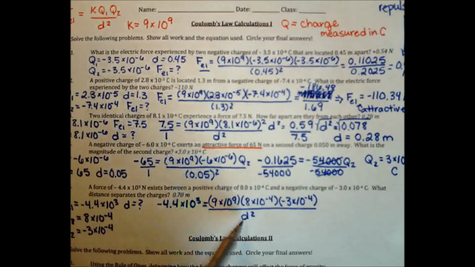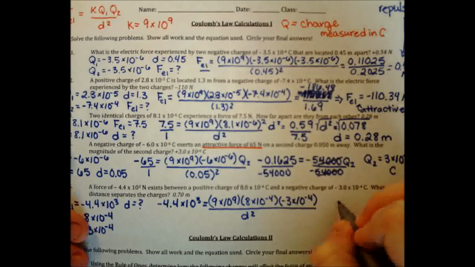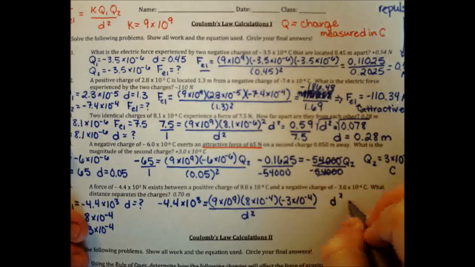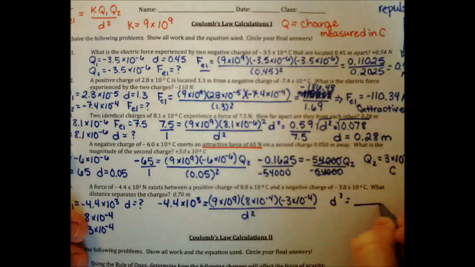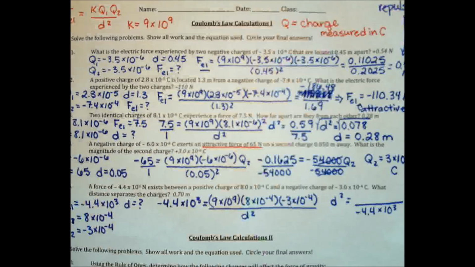Again, I'm going to flip these so that I have d squared equals something over negative 4.4 times 10 to the third. That whole numerator.